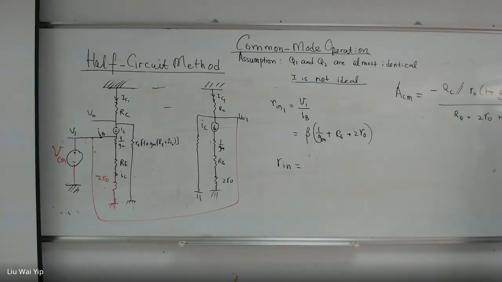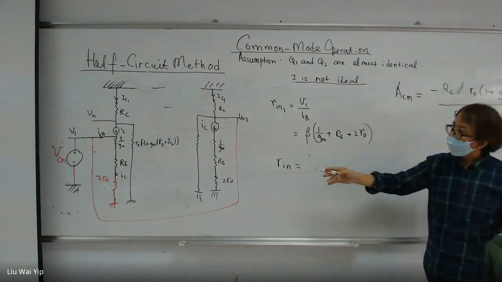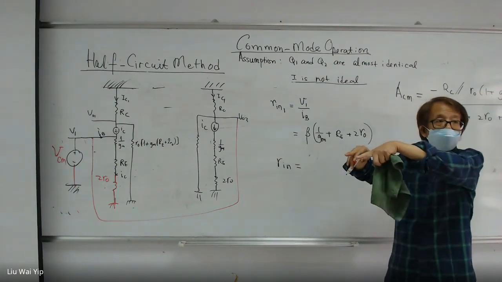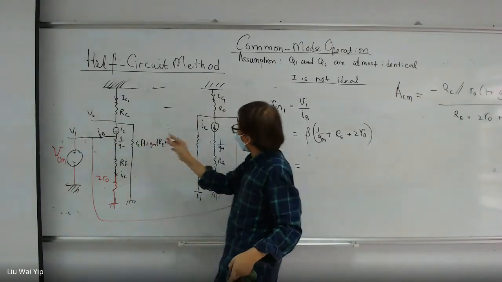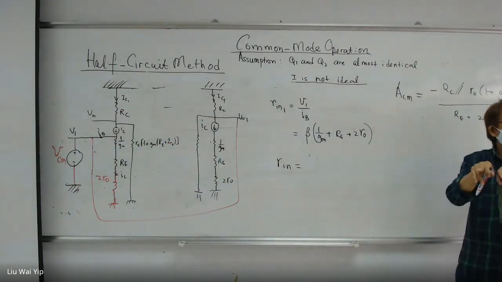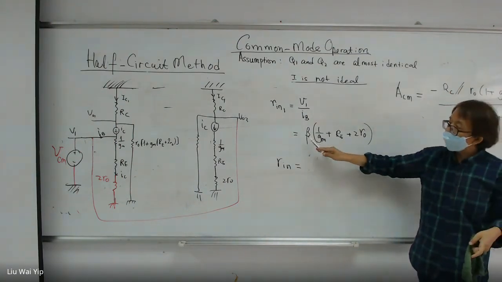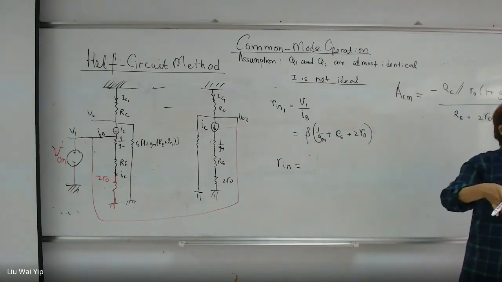The two resistances of the two halves are in parallel, because VCM is powering V1 and V2 together. The left has this much resistance, the right also has this much resistance. If they are in parallel, what should we do?